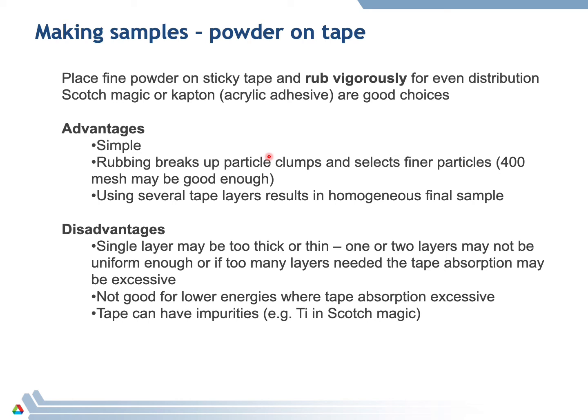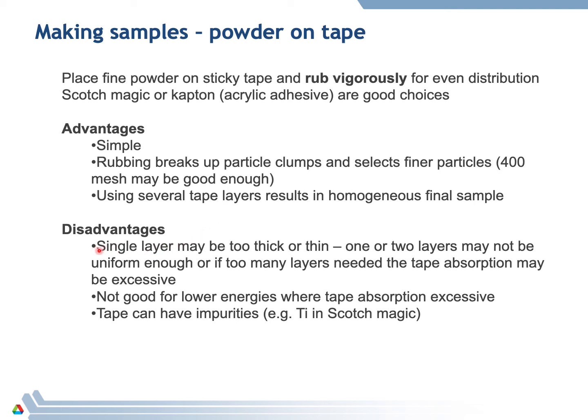And then you'll usually find, at least for the higher energies, 10 keV or so, that you'll need several tape layers to get a proper absorption length on the sample. Because you have several layers, you end up with a really nice uniform sample. Now there are some disadvantages.